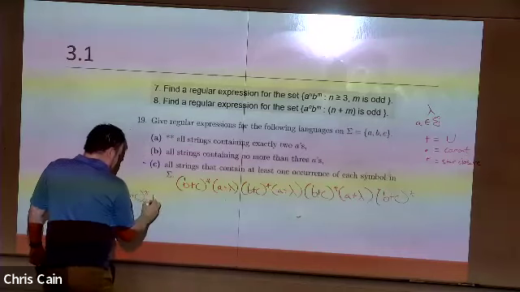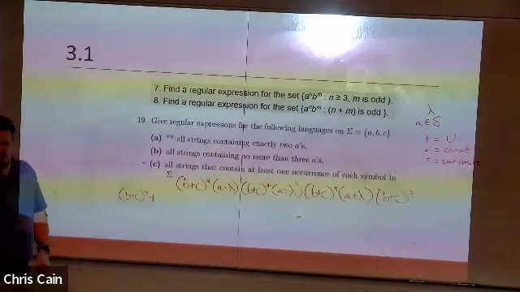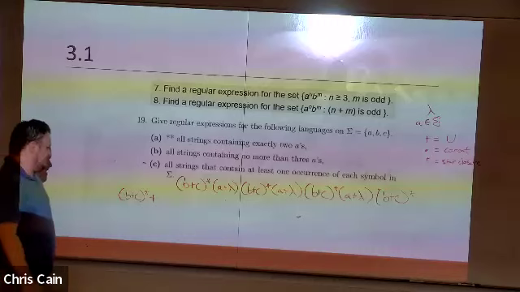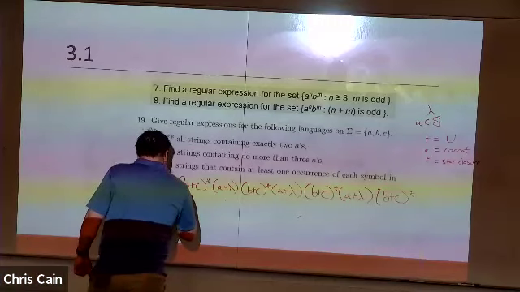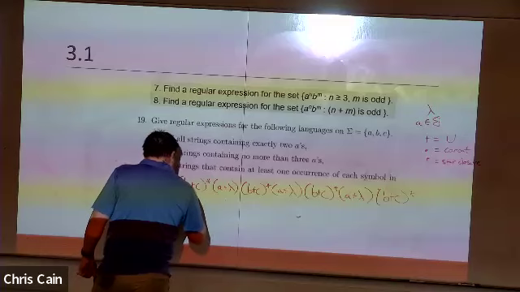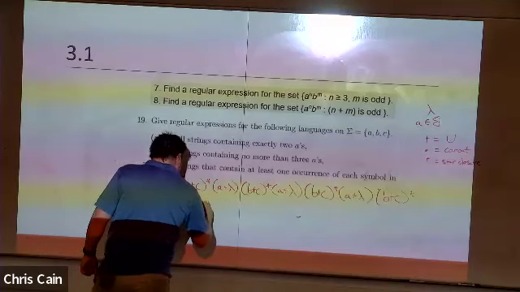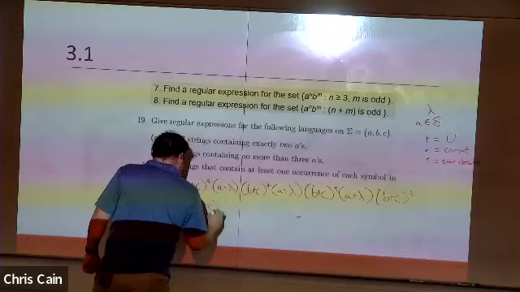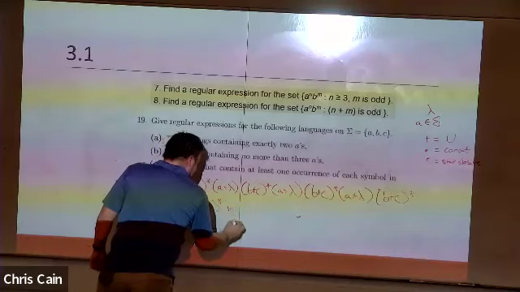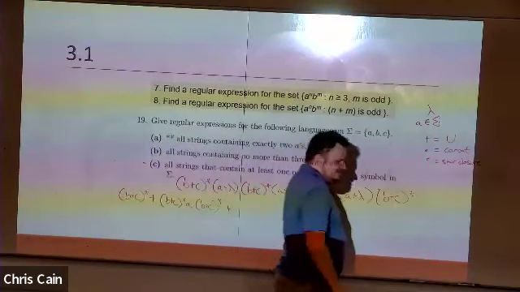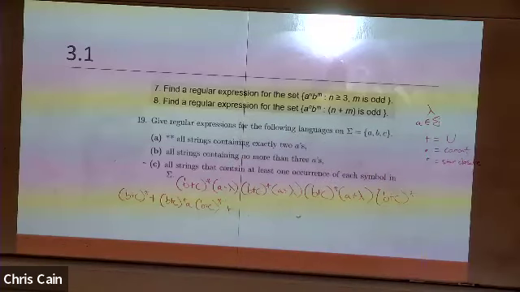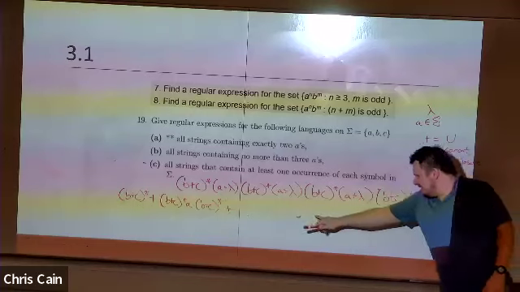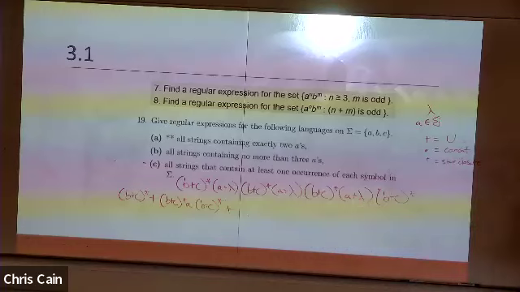We can union that with all possible ways to make one A, so B or C star A, B or C star. Union that with, we just need to write out 2 or 3 A's now. So very similar idea. This is significantly shorter, this is significantly longer, but different intuitions will lead you to different correct responses.